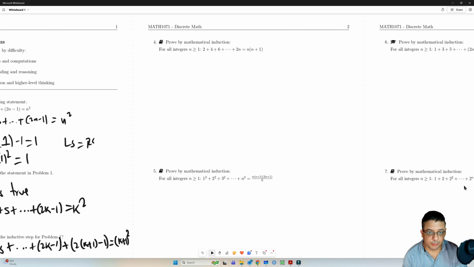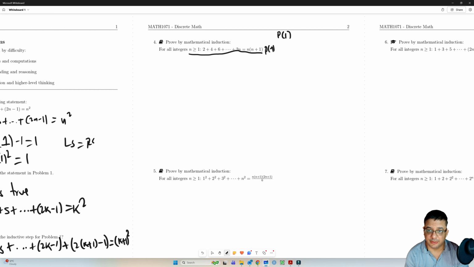For question number 4, we have to prove that for n bigger than or equal to 1, 2 plus 4 plus 6 plus up to 2n is equal to n times (n plus 1). First, let's check the basic condition. P of n is, of course, this condition. P of 1 has two sides.